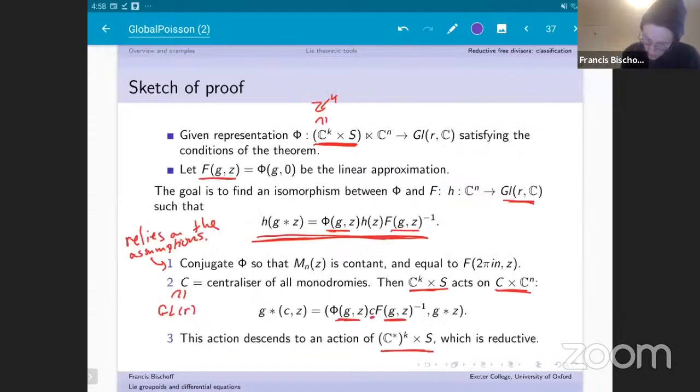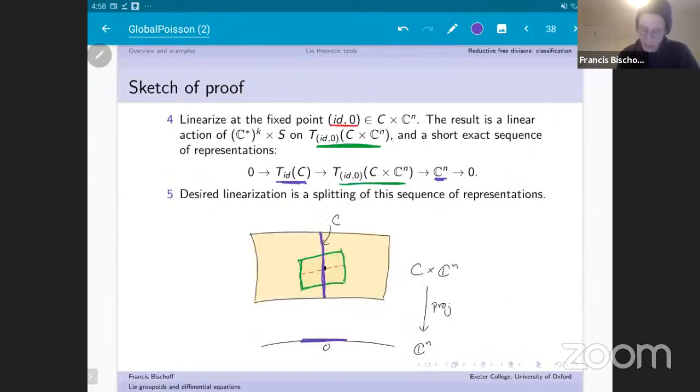We want to find this map H, which is invariant under the action of the group. So what this means really is that we want to find a splitting, a map like this. So what we're trying to find is a splitting of the sequence of representations, which we can do because they're representations of a reductive group. So that finishes the proof.